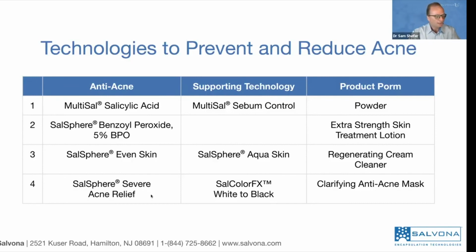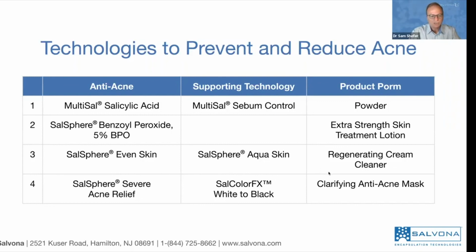The fourth one is a clarifying anti-acne mask. What's unique about this mask is it's changing. The first one here, the cream, is changing from gel to a cream to give a longer moisturization effect.